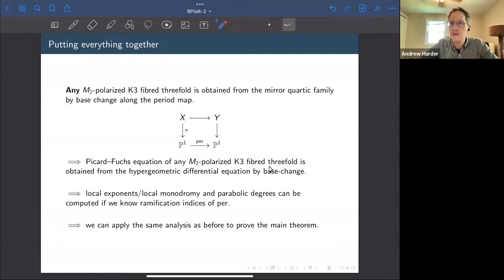Yeah, I don't know of any. I mean, perhaps they exist, but there's obviously GKZ type things that appear describing families of Calabi-Yau threefolds. Those are, I guess, spiritually hypergeometric. Those are relatively common, but I don't know of any classical things that appear like hypergeometric families of Calabi-Yau threefolds.